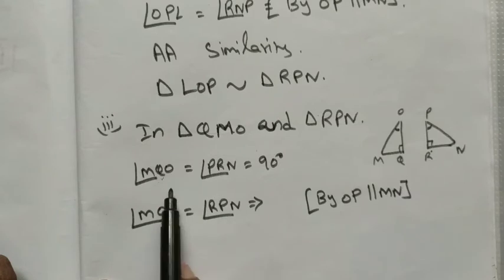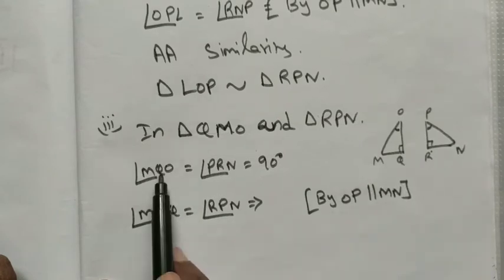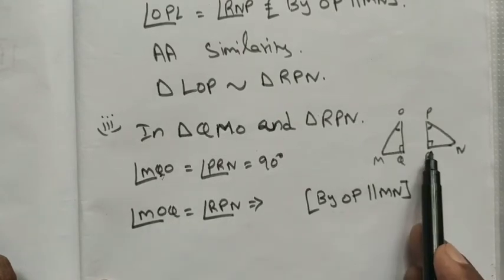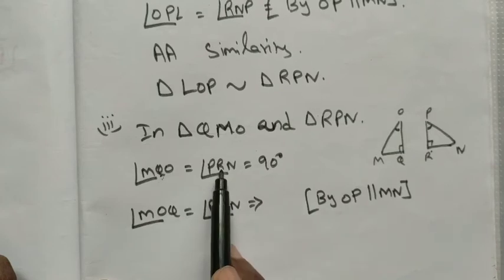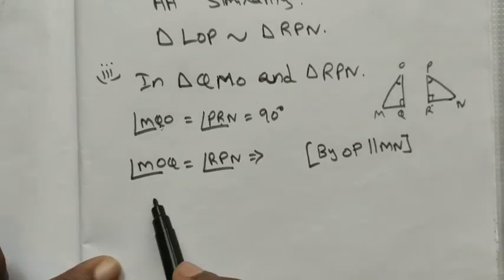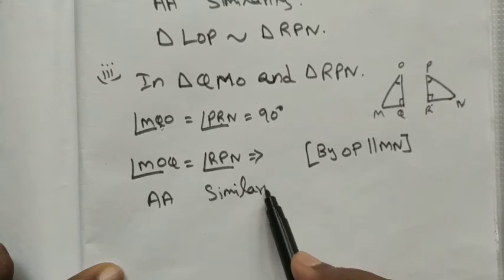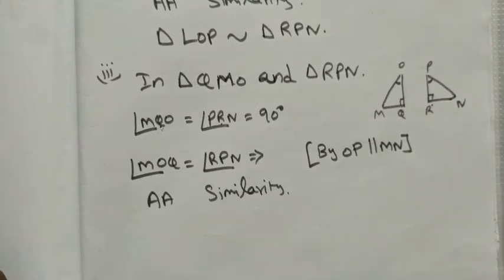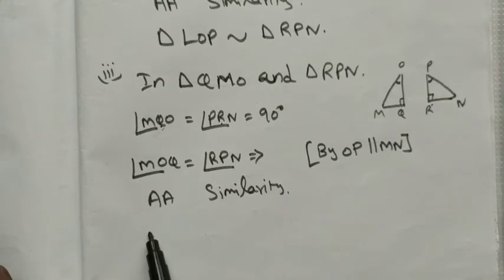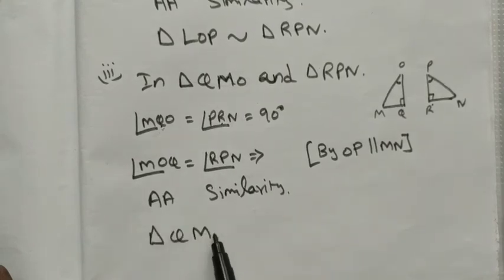Here Q is 90 degrees, so that should be in the center. Here R is 90 degrees, so R is in the center. So by two angles similarity, we can say that triangle QMO is similar to triangle RPN.